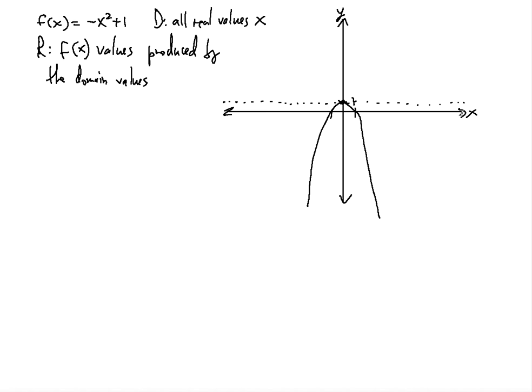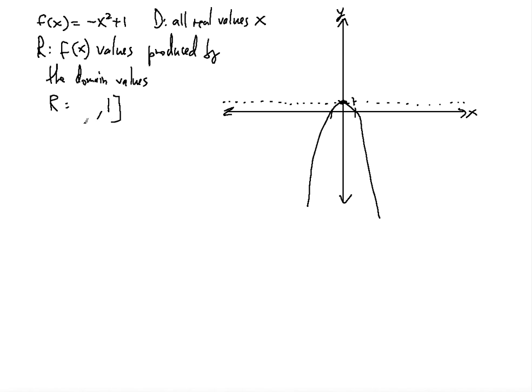It's going to be 1. So the range for this function will be at the highest 1, so we can bracket it because 1 is included. And it cannot get higher than 1, so 1 is the upper bound.